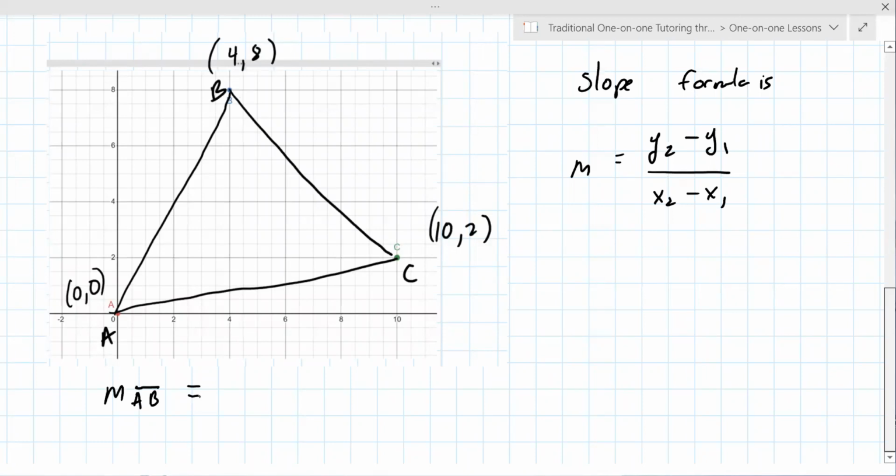All right, 8 divided by 4, it's 2. Yes, the slope is 2.